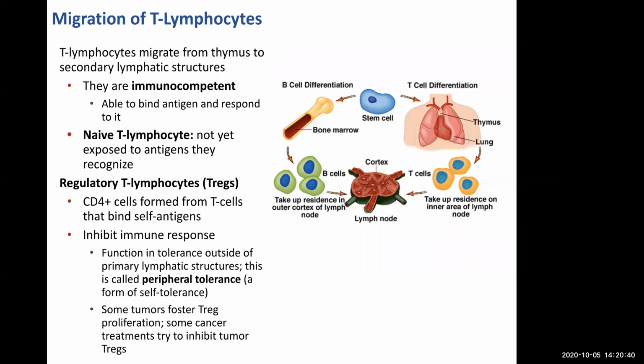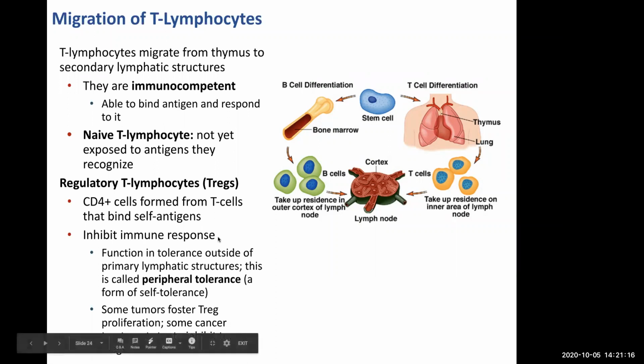Some tumors are able to essentially hijack the regulatory T cell function and help to make the immune response quiescent, or make the CD8 and CD4 positive T cells a little bit less alert, if you will, for lack of a better way to describe it, because I don't want to go into too much detail and confuse people.